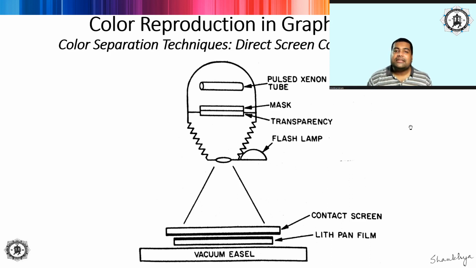When the enlarger is set up to make separations and the transparency is placed in the negative carrier of the enlarger with the mask on top of the transparency, with the enlarger lights on, the image is projected onto the easel and the size of the image is focused onto the size of the finished reproduction.